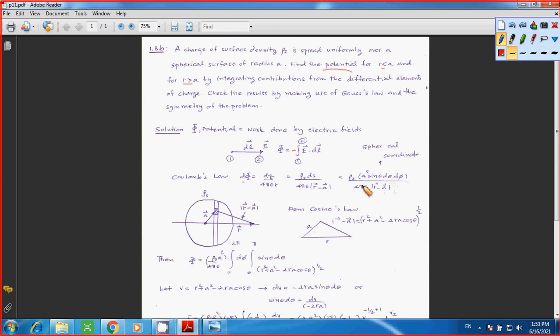You need to go back and take a look at how to calculate the volume and the surface in spherical coordinates, where phi is the angle you turn around on.